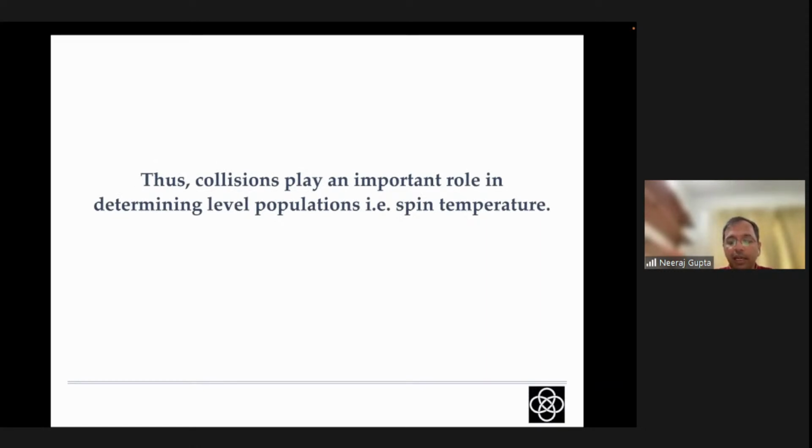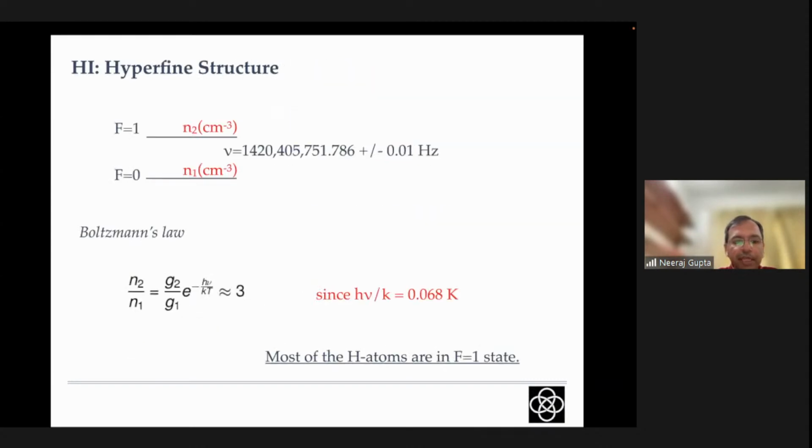The comparison that we're making here is fairly generic. So what we learned from this is that collisions can play a very important role in determining the level populations, that is, the spin temperature. I have introduced a new term here, spin temperature. What does it mean?